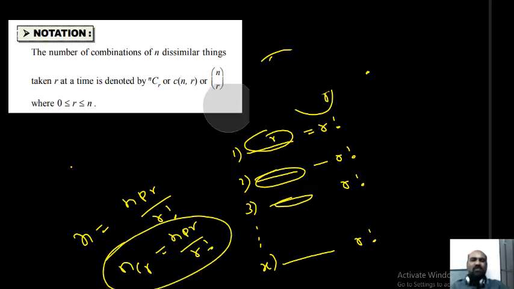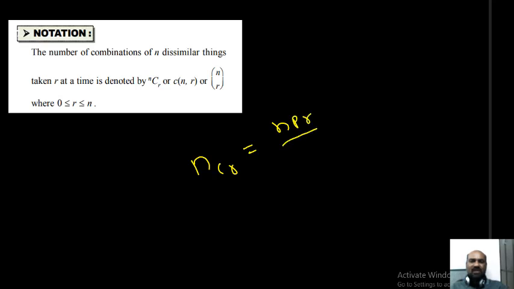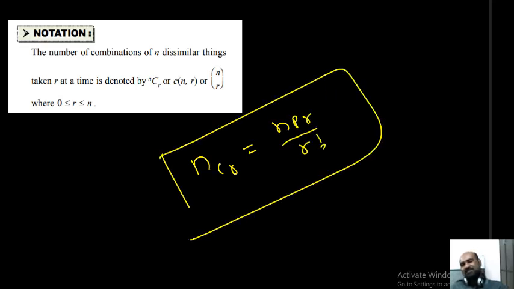Now I want to finalize what I got. NCR is equal to NPR by R factorial. This is the formula for NCR. Okay students, more generally, instead of NPR, you can write N factorial by N minus R factorial, divided by R factorial.